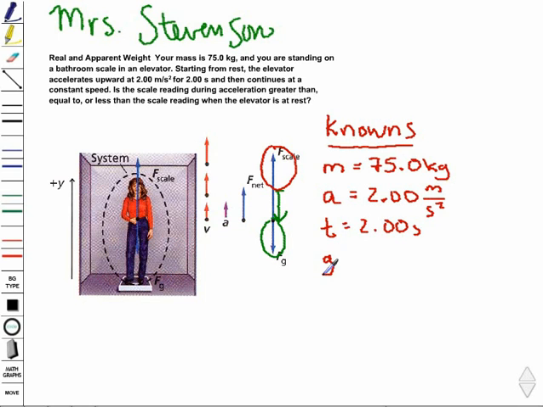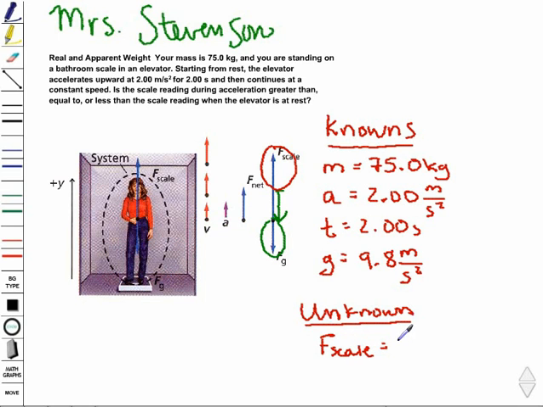We also know the acceleration due to gravity is 9.8 meters per second squared. Our unknown is what we are solving for in the problem, and that's the force of the scale while the elevator is accelerating.